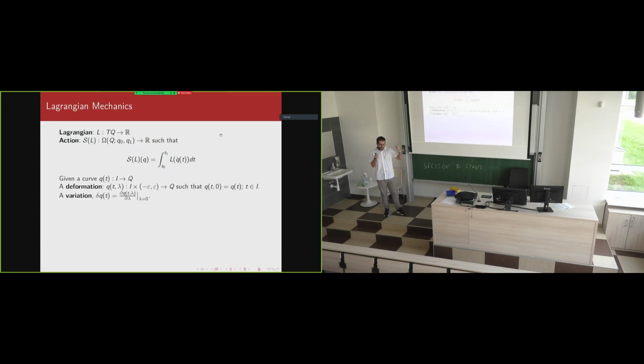So when we have the Lagrangian and the action, then we deform these curves, which means we have these deformations over here, and for the parameter equal to 0, we get the curve again, and the variations are the derivative of these deformations for that parameter.